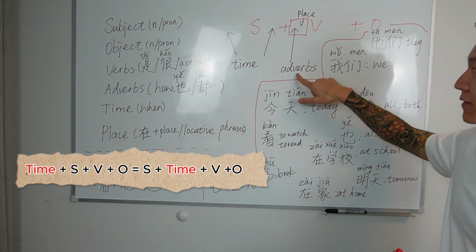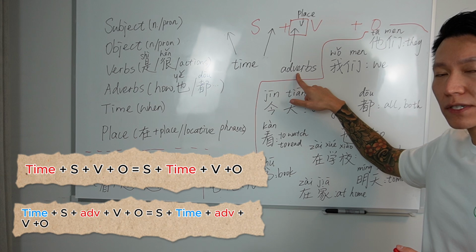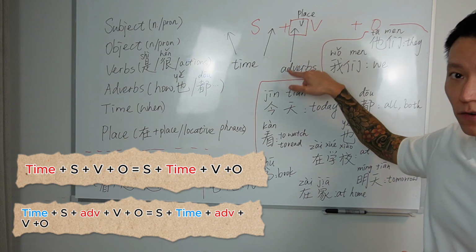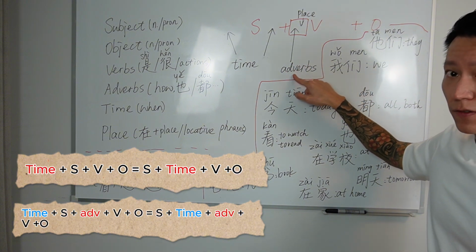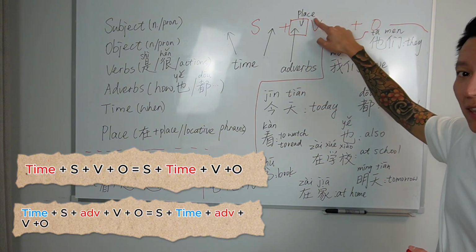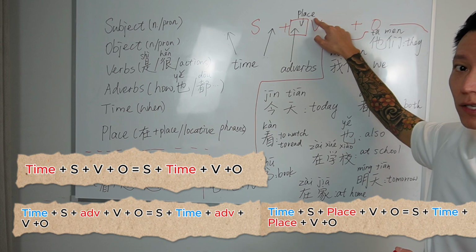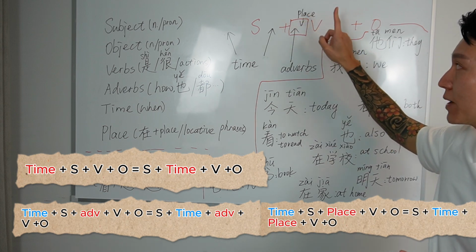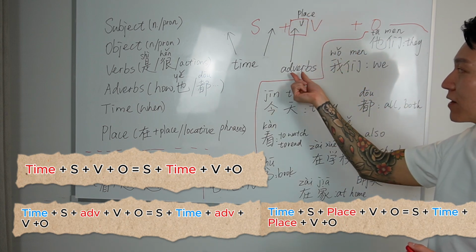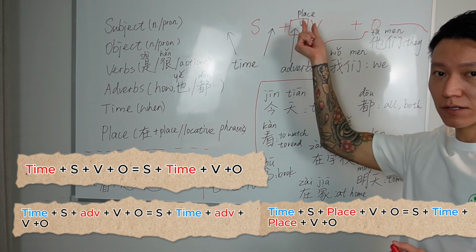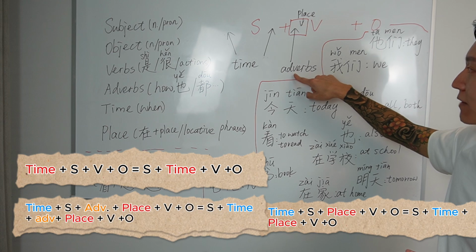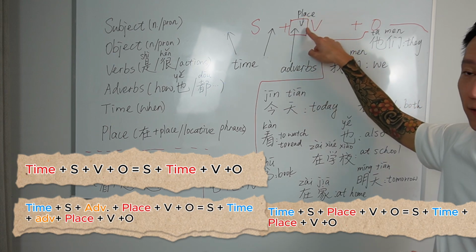If you have an adverb, then you should always put it in front of a verb. If you have a place, you should always put it in front of the verb. But what if I have an adverb and a place element in the sentence? Then you should put adverbs in front of place.